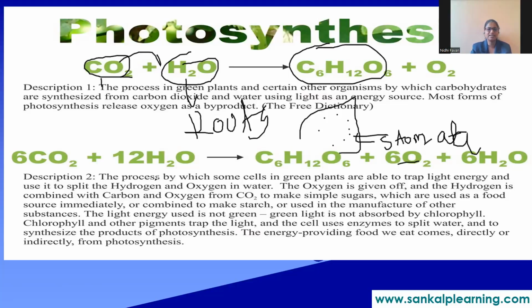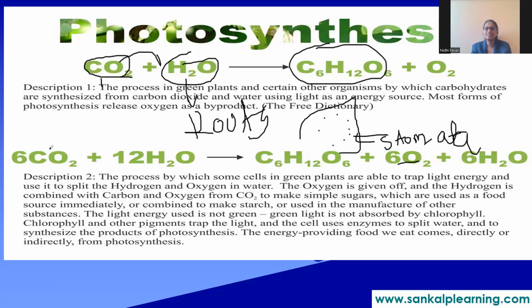Some cells in green plants have specialized structures called chloroplasts. Chloroplasts are cell organelles which have a pigment called chlorophyll, which can absorb sunlight. Cell, chloroplast, chlorophyll, sunlight is absorbed.